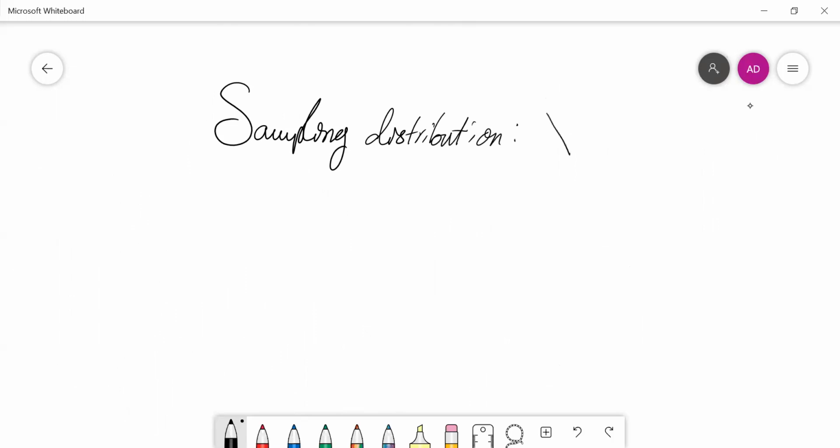We have x bar distributed as N(mu, sigma over root n).